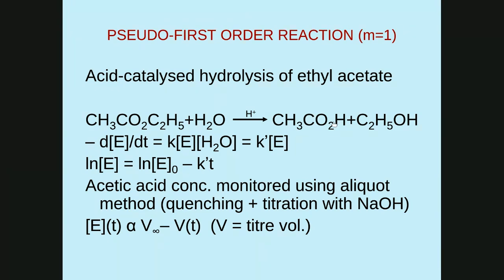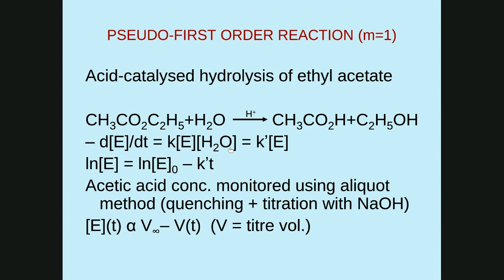Now the idea is to write the rate equation as the rate of loss of ethyl acetate. So the decrease in concentration of ethyl acetate with a minus sign defines the rate, which equals the rate constant times the concentration of ethyl acetate at a given time times the concentration of H2O, which is a constant.